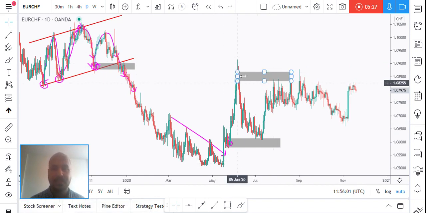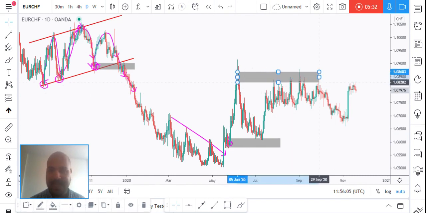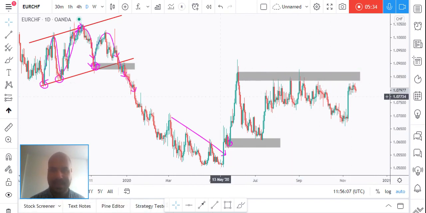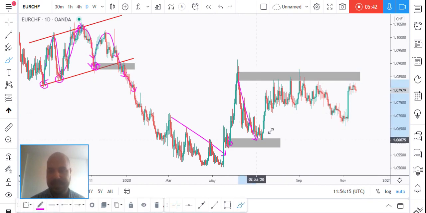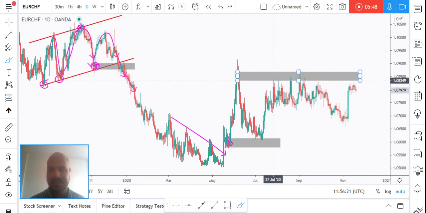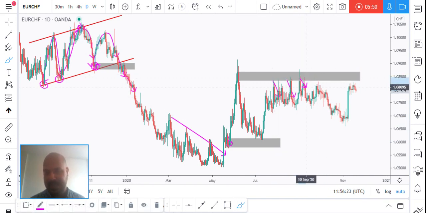Sometimes the base is formed with one candle only. It's the last green candle in our case here, as you can see, because it's formed with one candlestick only. So here's our supply zone, and when price returns to this zone, we could look for sell setups around here on lower time frames. So sell, sell, and sell.